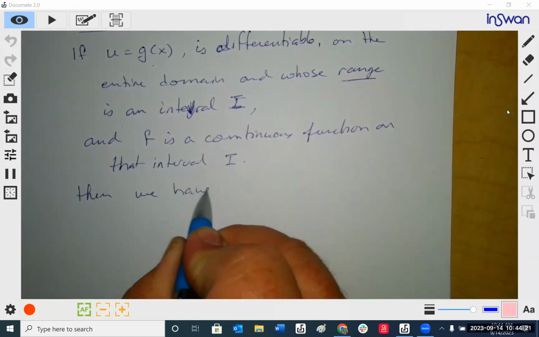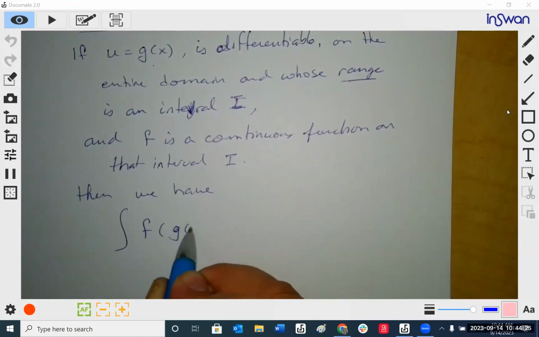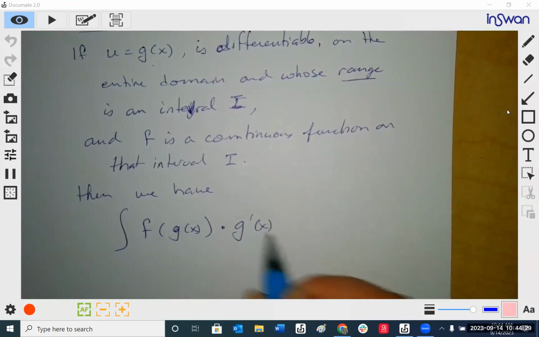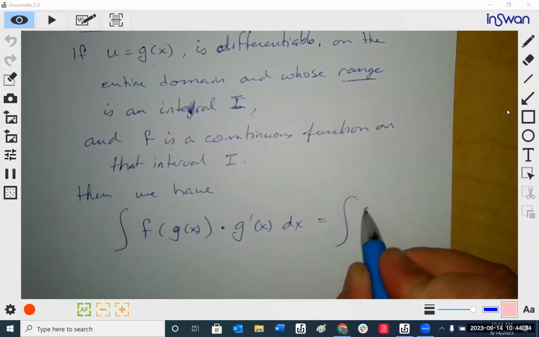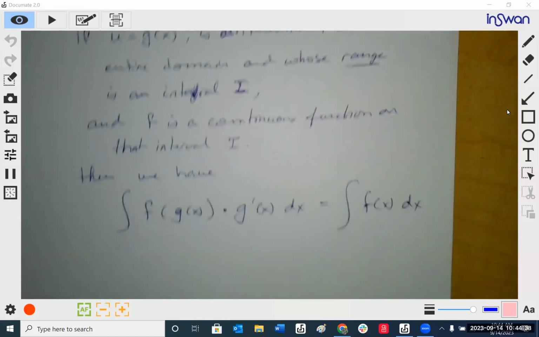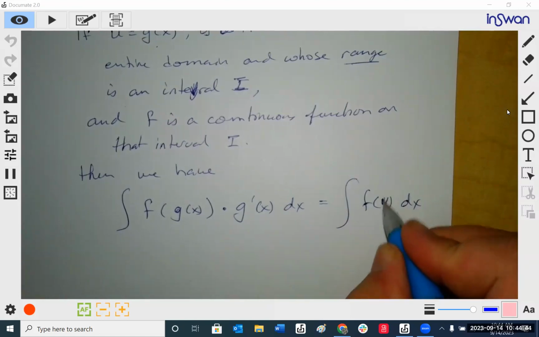Then we have the integral of f of g of x times the derivative of that function, g, equals the integral of f of u du. This is the substitution method.